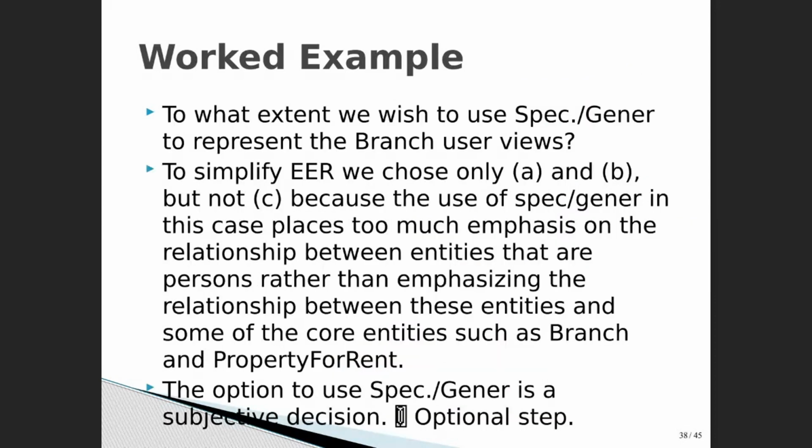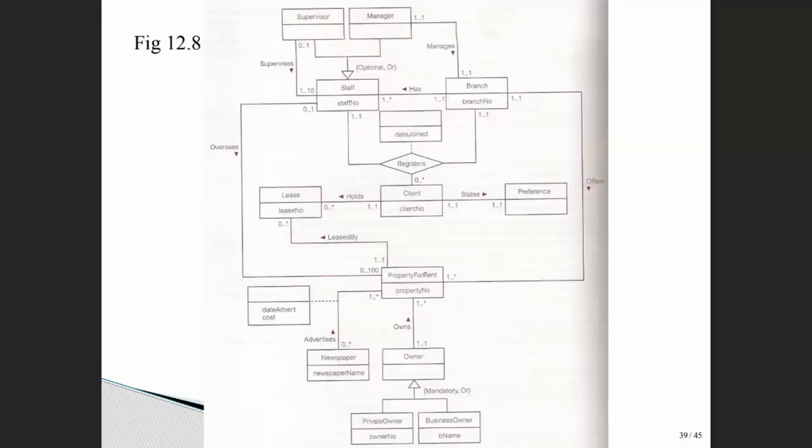Just be careful whenever you are asked to improve an ER model: emphasize certain entity types and add some subclasses to them. Again, the decision of adding specialization and generalization is optional and subject to the requirements of the enterprise or the designer's decision.